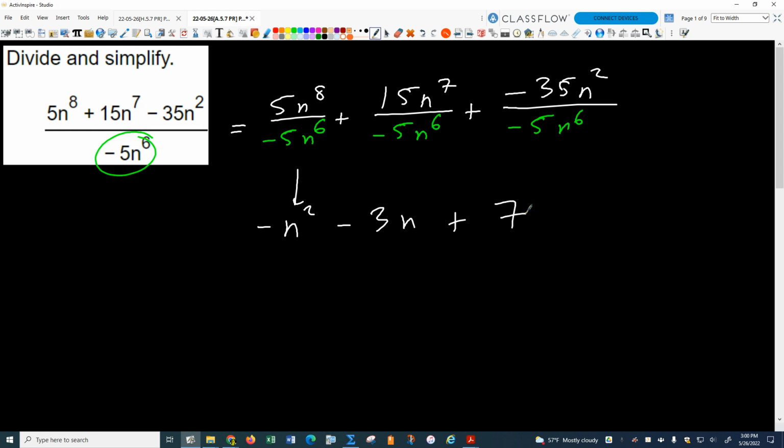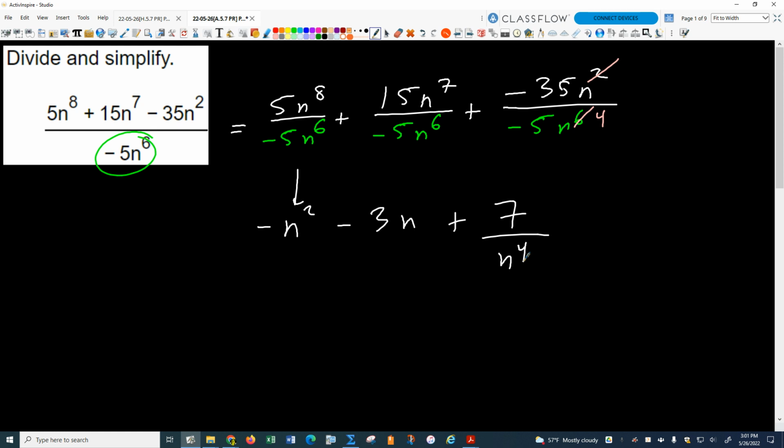Now let's take a little shortcut on this last part. So look at this. N squared over n to the 6th. N squared is going to cancel 2 of the powers of n on the bottom, leaving me with a 4, right? Okay, make sense? So I get 7 divided by n to the 4th, right? Everybody good with that?